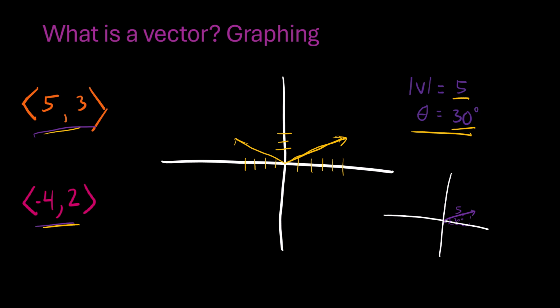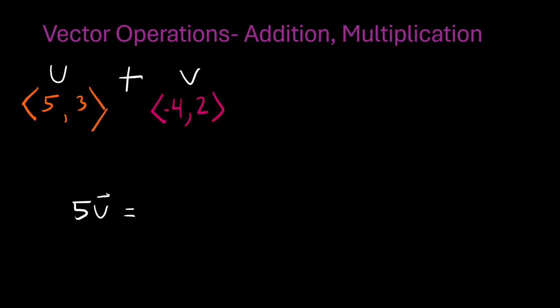Okay, so we're going to look at some vector operations now. We're going to use the same two vectors that we just used, and let's say they tell you to add them. It's actually very easy. These are the x components, and these are the y components. All you do is add the x components together, and then you add the y components together.